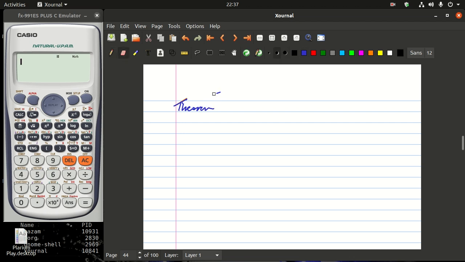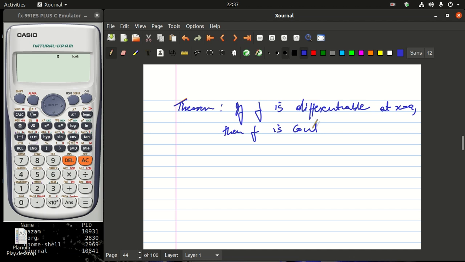This theorem is saying that if the function f is differentiable at x is equal to a, then f is continuous. F is continuous at x is equal to a.